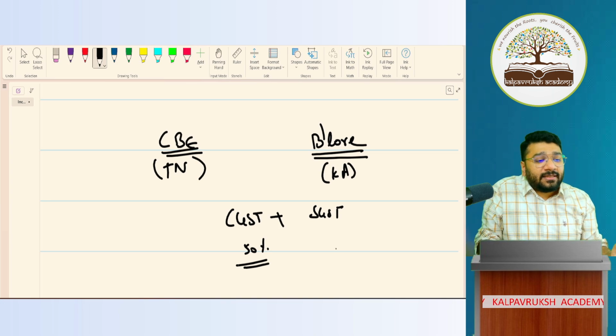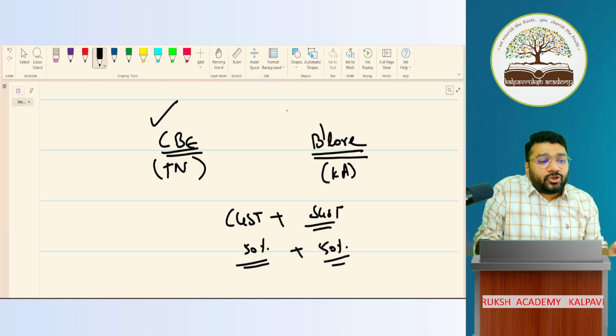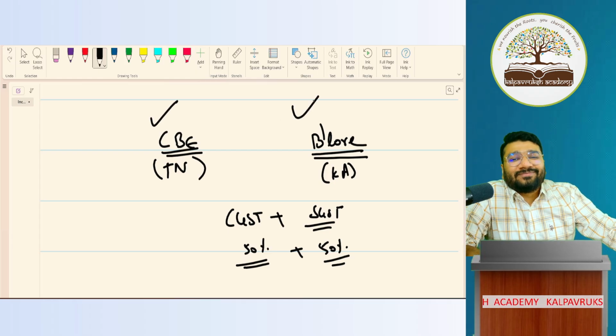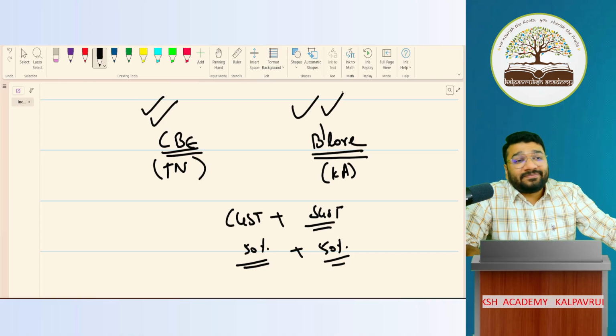The question is, the remaining 50%: should it go to Tamil Nadu or should it go to Karnataka? Tell me. According to you, this GST should go to whom? Should it go to the seller state or the buyer state?